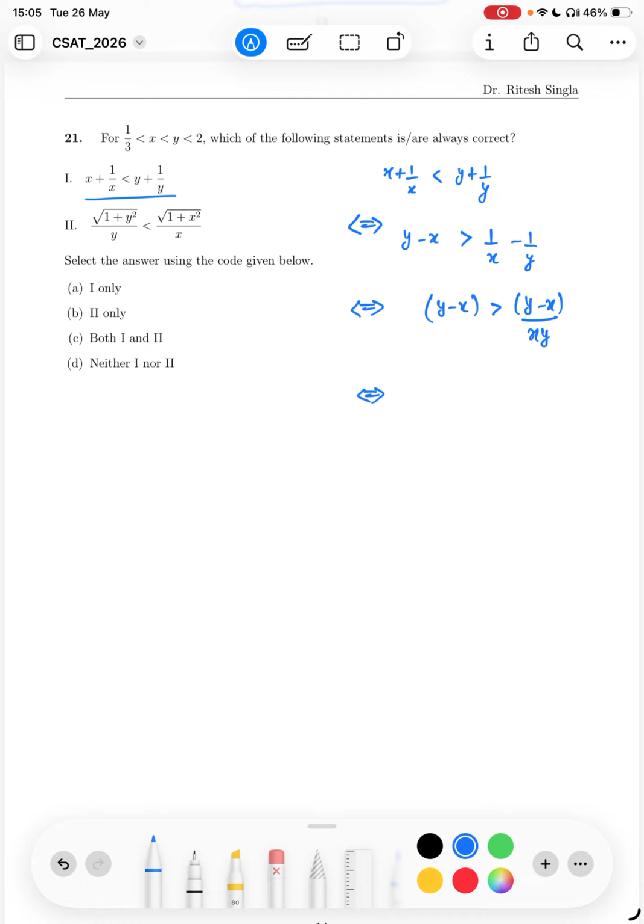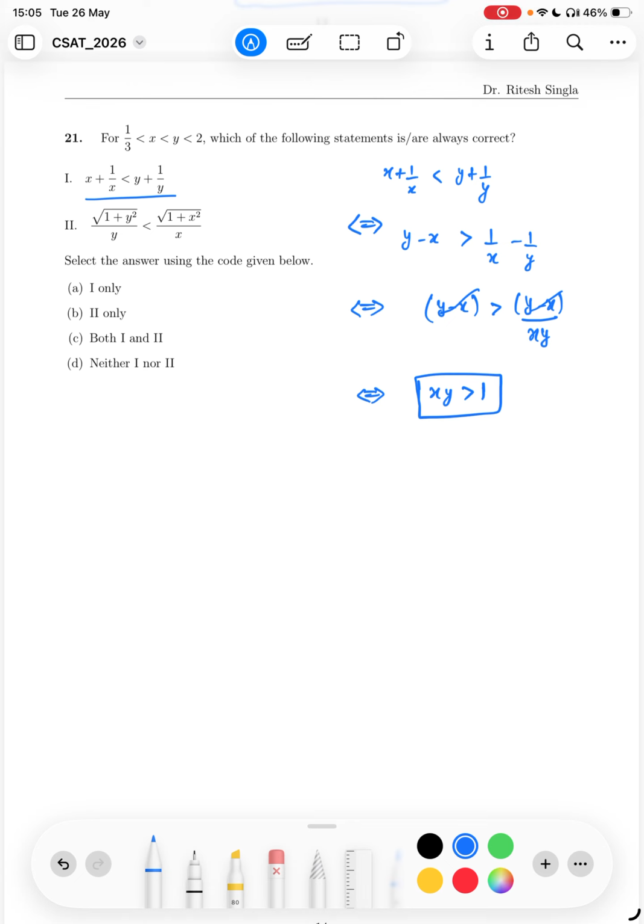I can cancel it because y is strictly greater than x, so it is a non-zero number. This holds if and only if xy is greater than 1. So in order for equation 1 to be true, xy should be greater than 1.